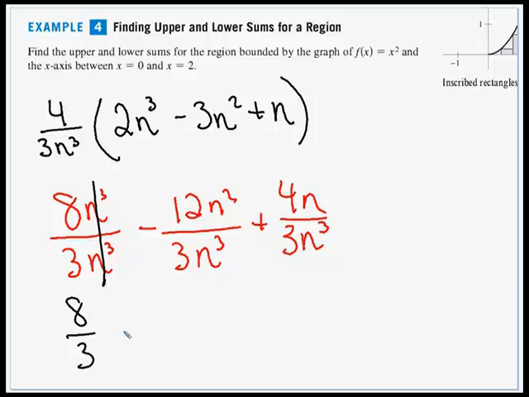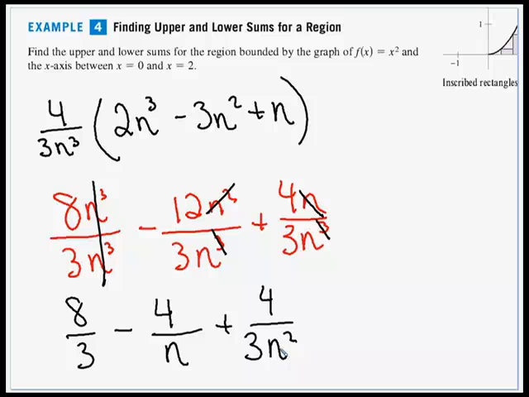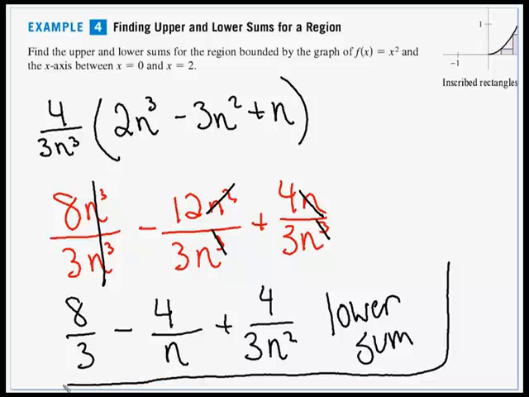So we have 8 thirds minus, that's going to divide out to a 4, and the n squared takes out 2 of these, so 4 over n, plus 4 thirds can't reduce, but the n up top wipes out 1 in the bottom, and that'll get knocked down to an n squared. So this is our lower sum for any value of n that we choose.